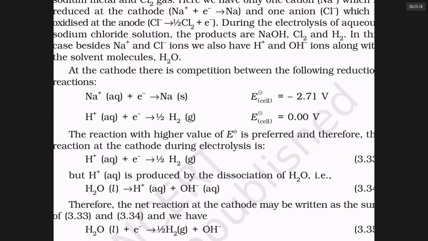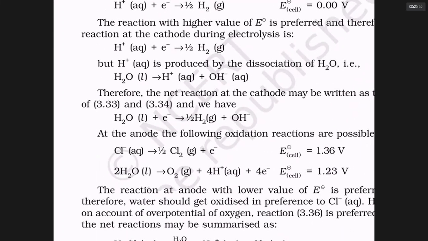If there is a competition between chloride ion and water to lose electrons, the one with low reduction potential is oxidized first. Between chloride ions and water, it appears water has low reduction potential, so water should lose electrons first. But unfortunately, when water is undergoing oxidation to give oxygen, the oxygen generation sometimes demands high voltage.